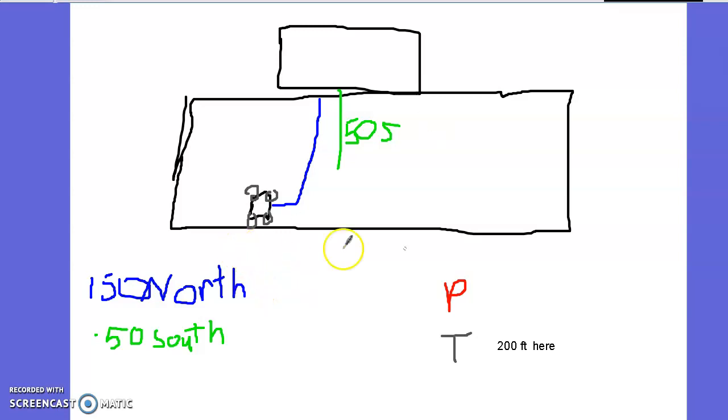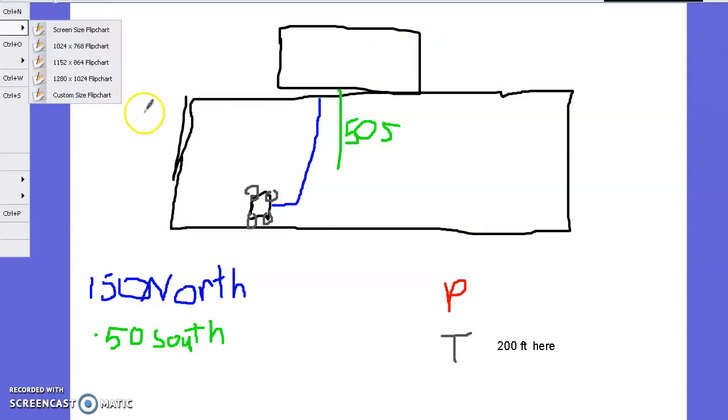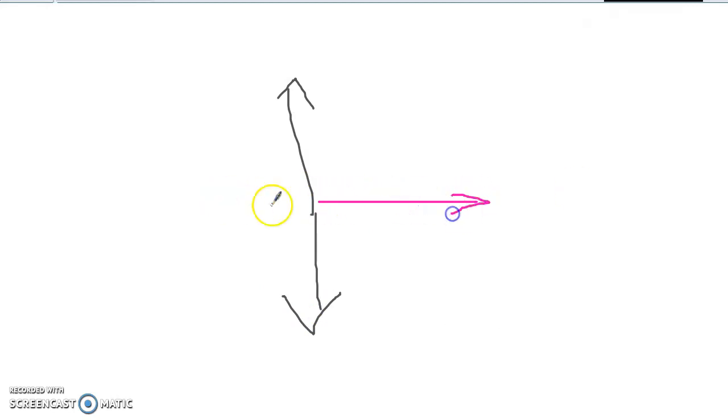Okay, remember when we have, I'm going to make a new screen. And I'm going to come back and forth. Okay, we have north, south, east, and west. And if you guys can give me a second, I'm going to make this a blue.